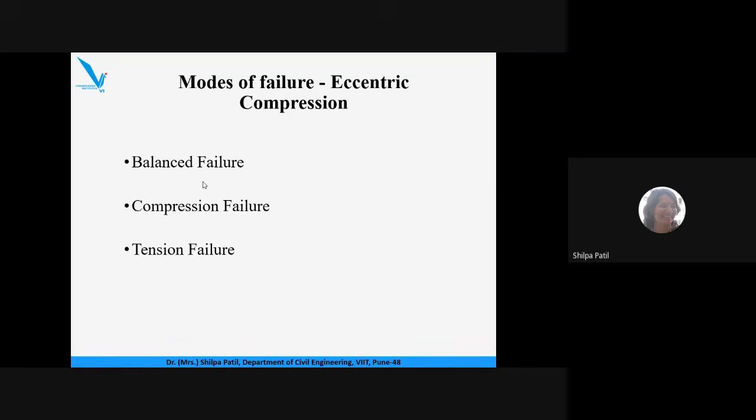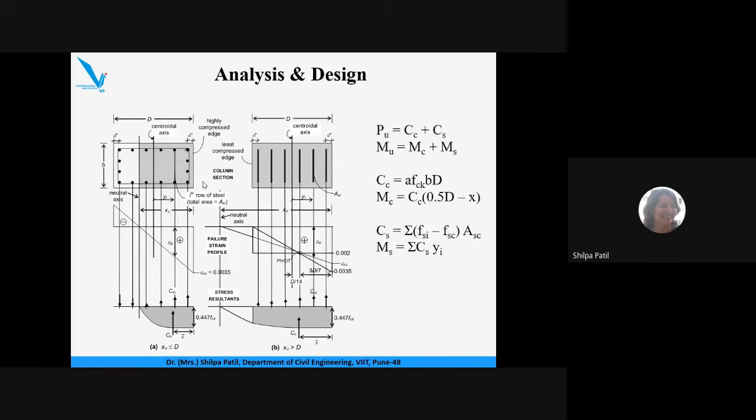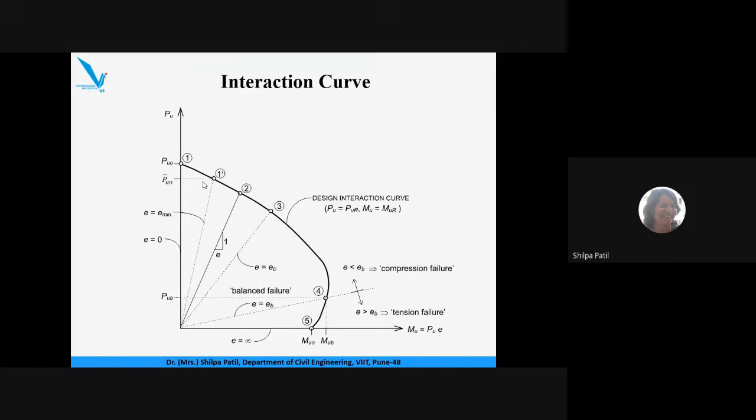That diagram is called the PM interaction curve. The design of a column subjected to bending, either uniaxial or biaxial, is done based on these PM interaction curves. It looks somewhat like this. This is the PM interaction curve. What are the details? We will discuss in the next lecture.